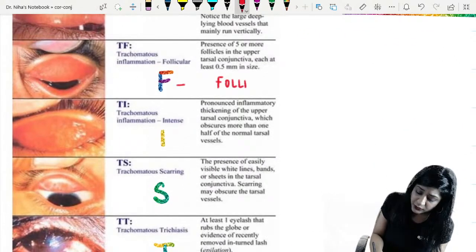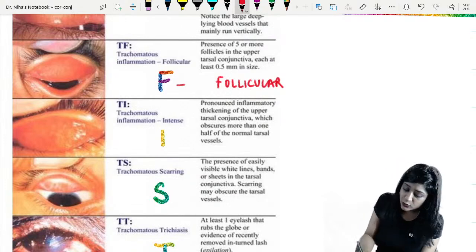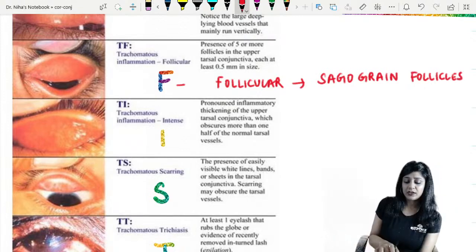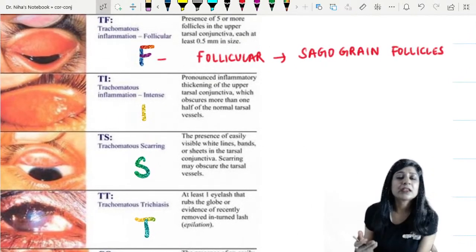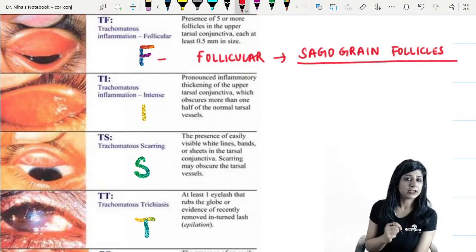So we have already talked about it, that we will have the follicles also, and we will have papillary hyperplasia also. And what are the kind of follicles? We were having the sago grain follicles. So F is the follicles, and what kind of follicles? The sago grain follicles we will have.